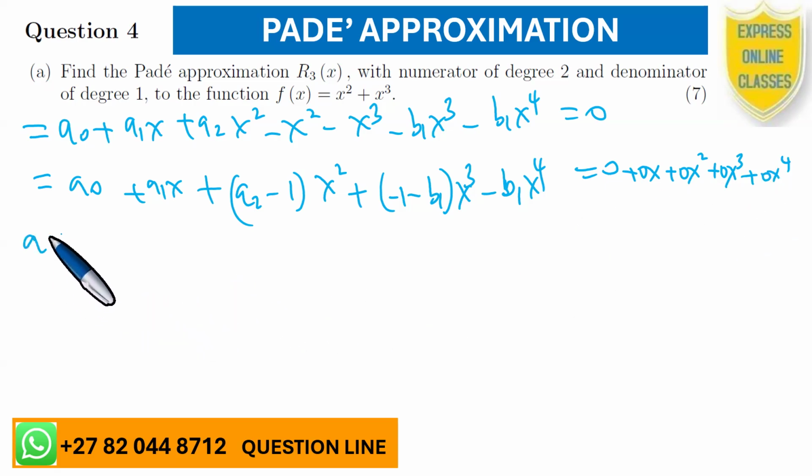Which means, therefore, that a0 becomes 0, which means that a1 becomes 0, a2 minus 1 becomes 0 for the quadratic.